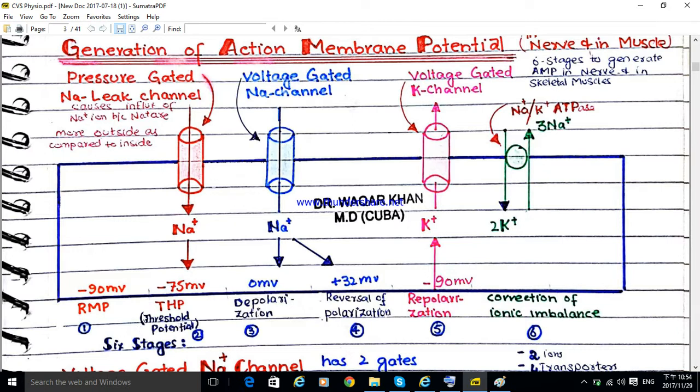Minus 75, as we already know, is the threshold potential. When it reaches threshold potential, a lot of channels will be activated in the cell, and the cell will be in its active form. At minus 75 mV, at this specific voltage, the voltage gated sodium channel will open up.